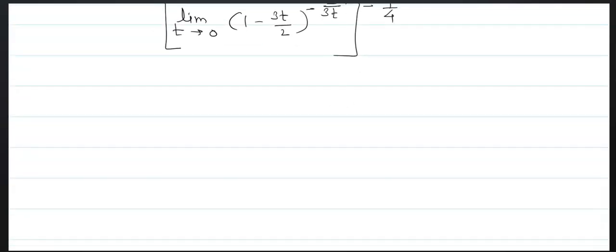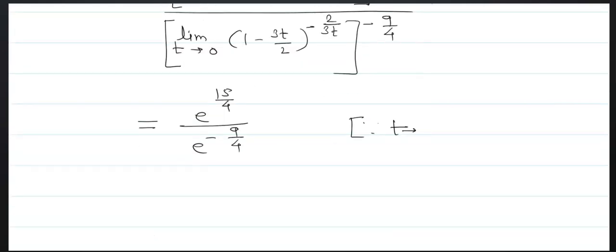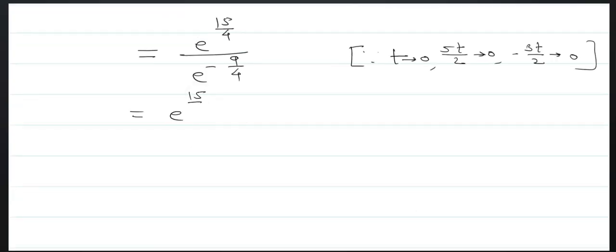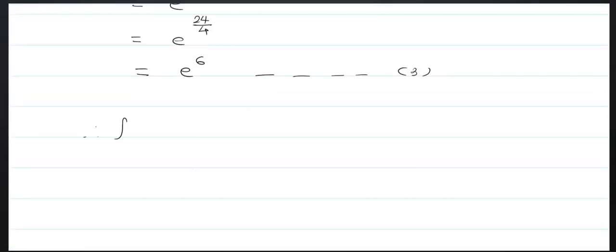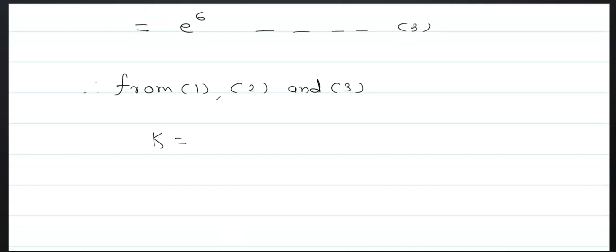Here it is minus 9 by 4, and overall the answer is e raised to 24 upon 4, and that is e raised to 6. Therefore k equals e raised to 6.